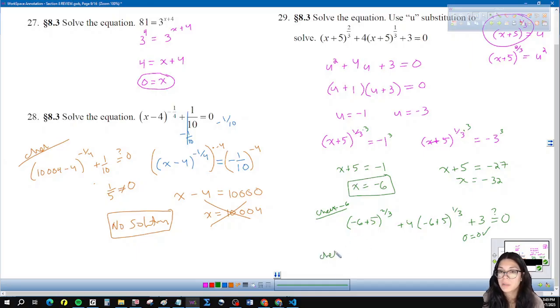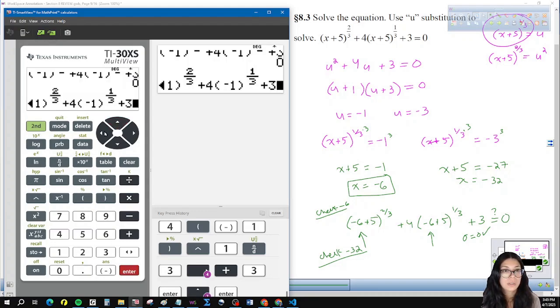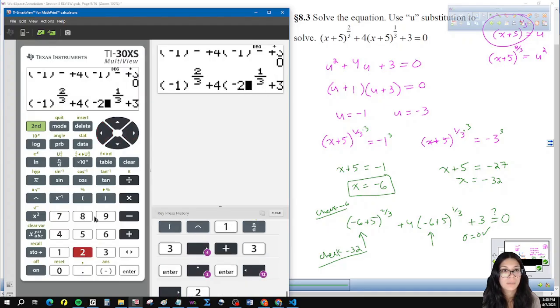Now, just because that one works, this doesn't mean that the other one automatically works. So we must check it as well. So I'm just going to plug in -32. Okay. Now, -32 plus 5 would be -27. So I'm going to just go back to the same equation and see if I can plug in -27 in here, if it'll let me.